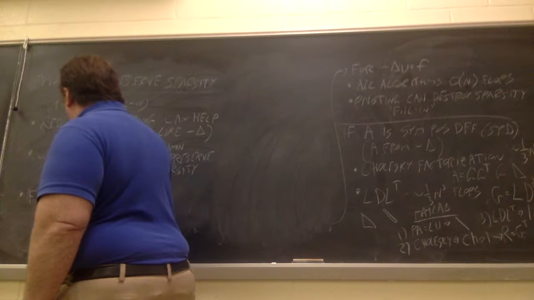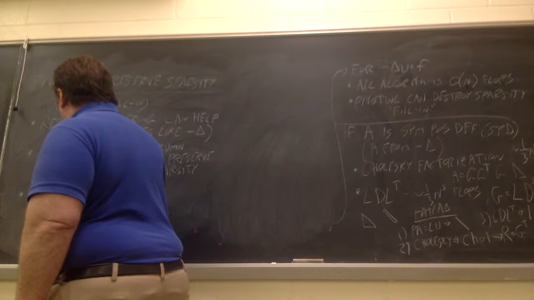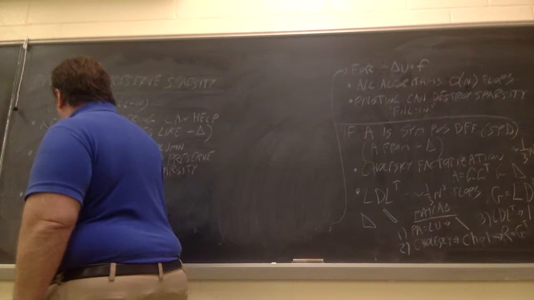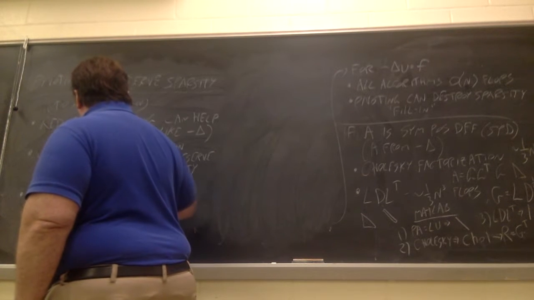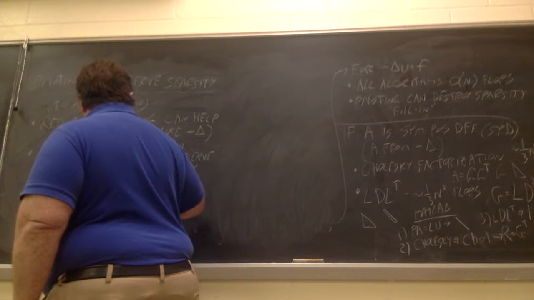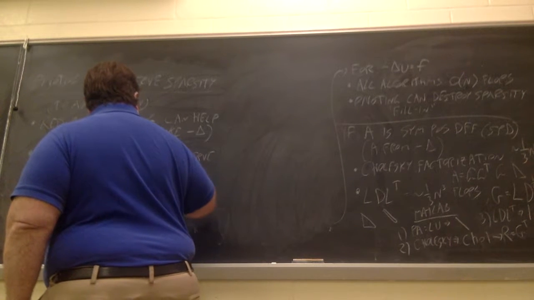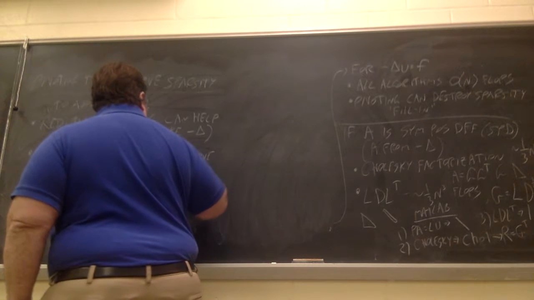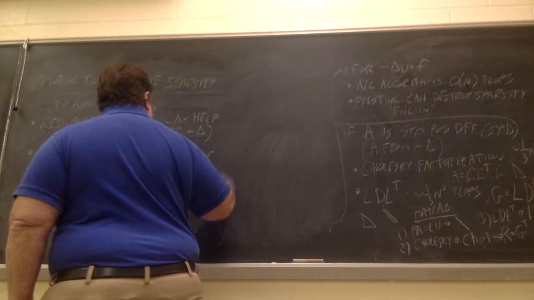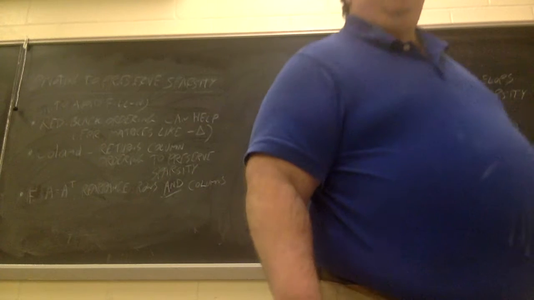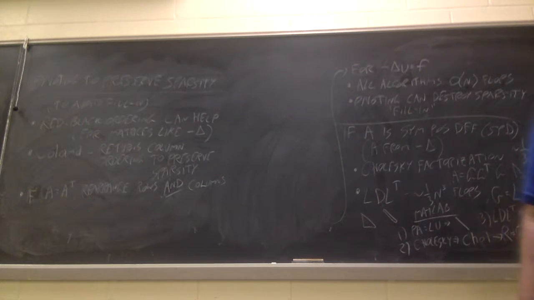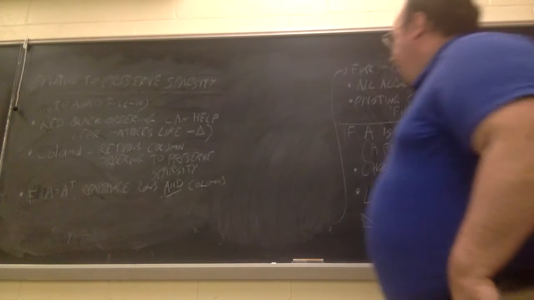So what you do is you take it a step further. Rearrange the rows and columns. If you apply the same interchange to rows i and j, and then columns i and j, that will preserve symmetry.